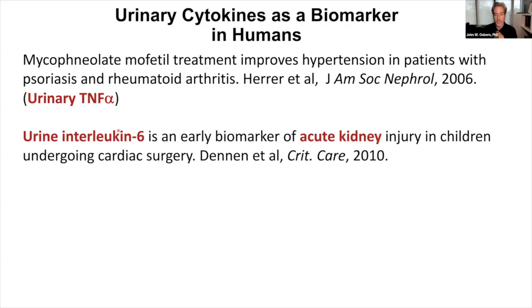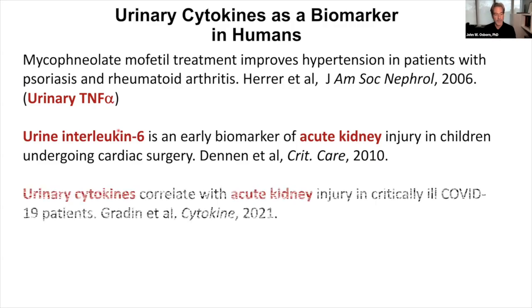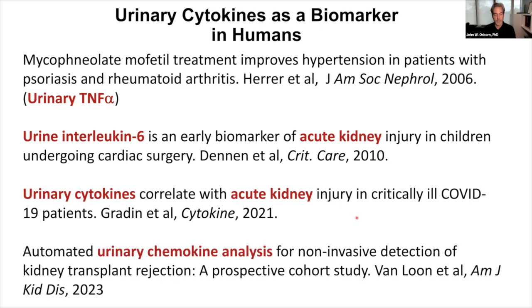There's evidence for IL-6 as a marker of acute kidney injury in children. Urinary cytokines in acute kidney injury during COVID, that came out in 2021. And more recently, looking at an automated analysis. So this is something we think has a lot of potential as a biomarker for what we want to look at.